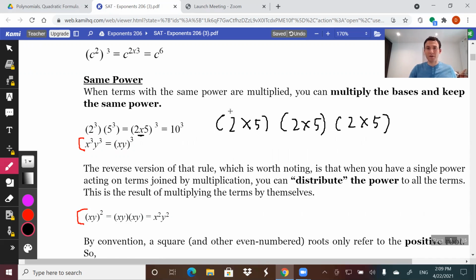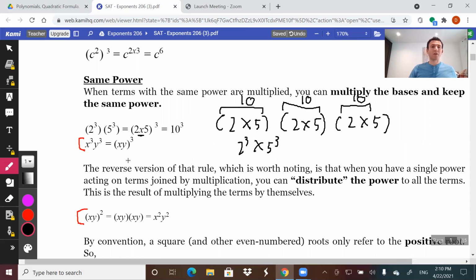You can either think of it as 10 to the 3rd, 10 times itself 3 times, or you can think of it as 2 to the 3rd times 5 to the 3rd. Either way, we get the same thing. We get 1,000 there.